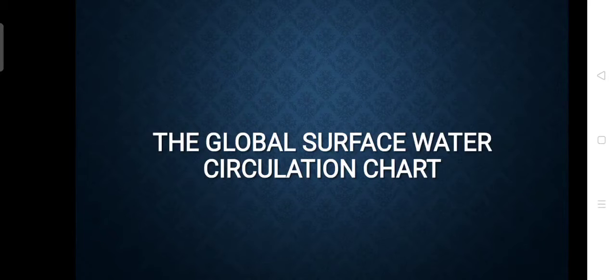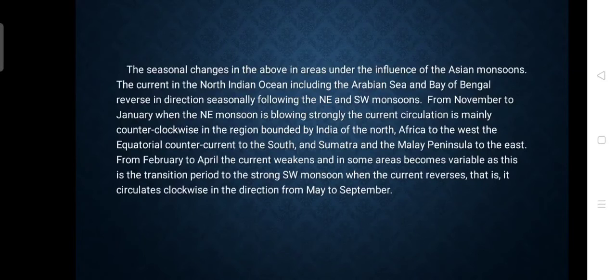The global surface water circulation chart. The seasonal changes in the above in areas under the influence of the Asian monsoon. The current in the North Indian Ocean, including the Arabian Sea and Bay of Bengal, reverses in direction seasonally following the northeast and southwest monsoon.